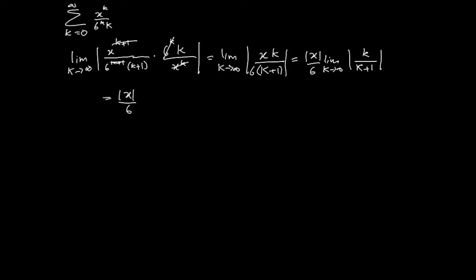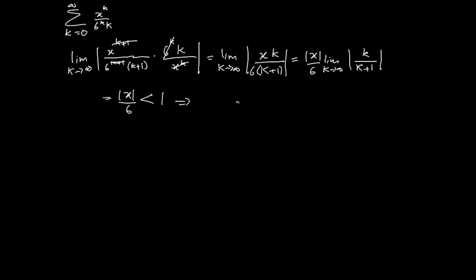Now, the ratio test states that if this is less than 1, we have convergence. But the ratio test has 3 possibilities, remember: less than 1, greater than 1, and equal to 1. Less than 1 is for convergence, greater than 1 for divergence, equal to 1, no conclusion. We'll come to the other 2 in a second. Let's just finish with this one first.